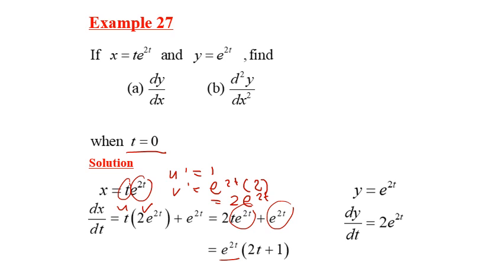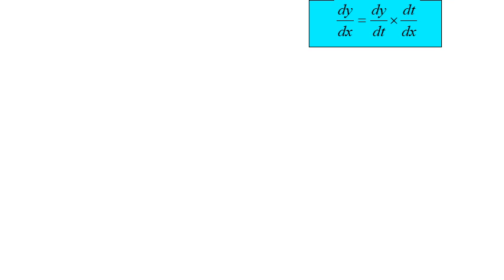Right, so after we obtain dx/dt and dy/dt, then we apply the chain rule to find dy/dx. Remember the chain rule as shown in the light blue box above there.